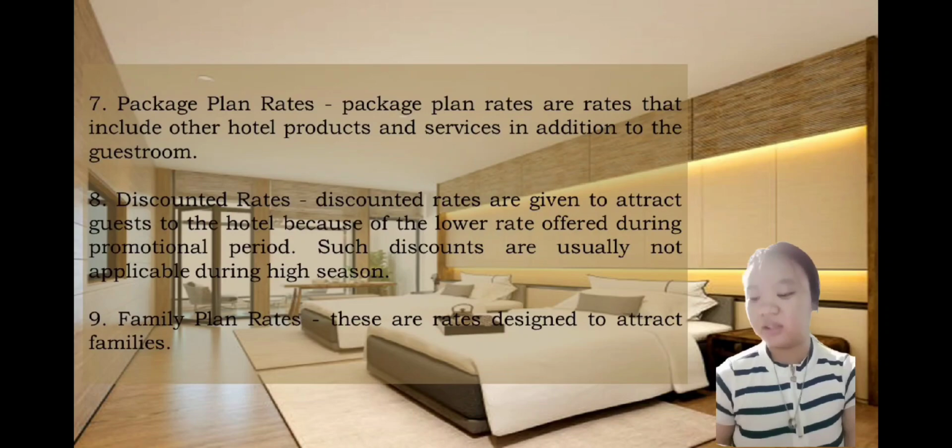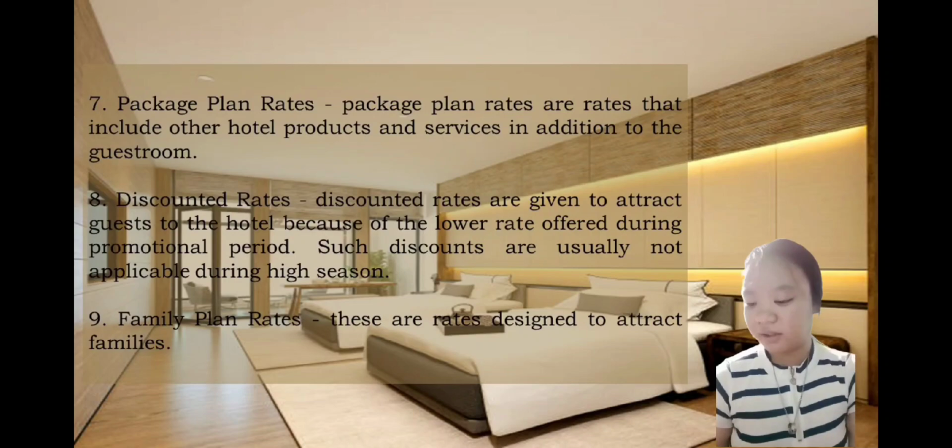Traditionally, employees of related trades such as airlines and travel agencies enjoy a discount price of 50% off the published rate if they can prove their identity. Such discounts are usually not applicable during high season.